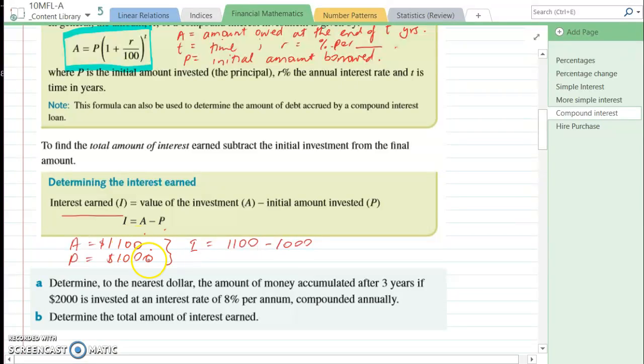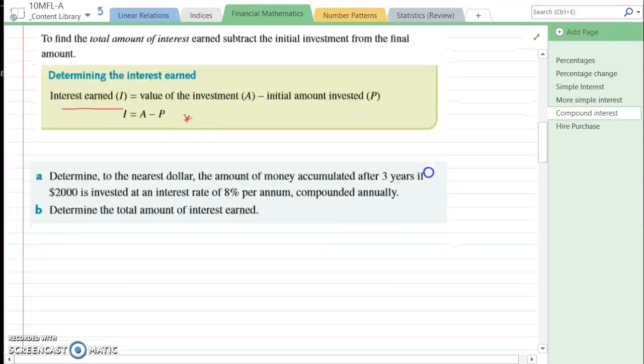So that includes the original $1,000, which means my interest would just be 100. That's essentially what this formula is saying. You would have seen it before. I'm going to rub this out just so that it becomes neater.